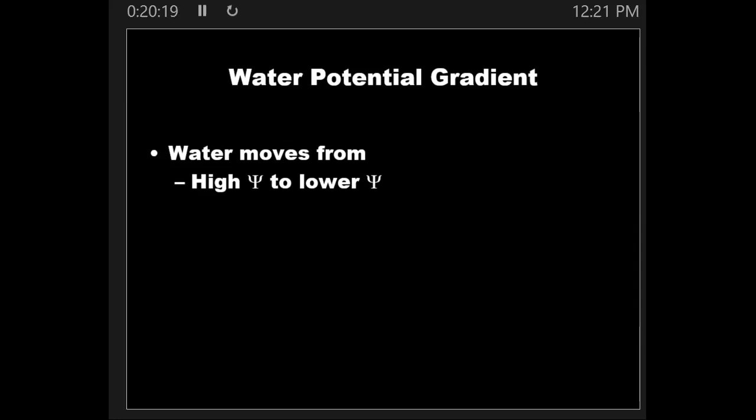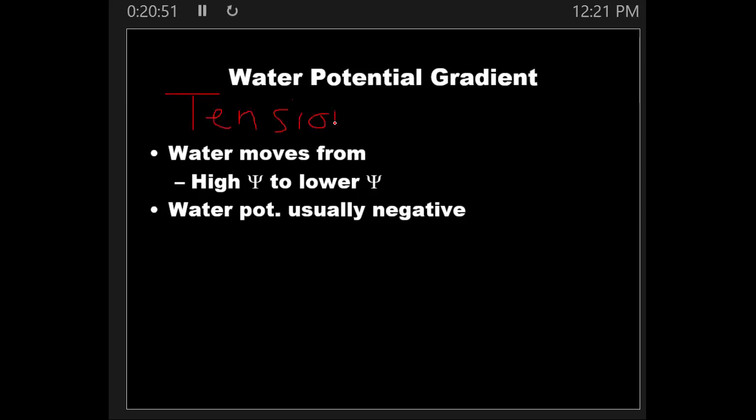But when they started looking at water movement in the plant, they quickly realized that it's actually a negative value. It turns into a negative number when they take these measurements. So what you need to think about, if you look up the definition of tension, the definition of tension is negative pressure.